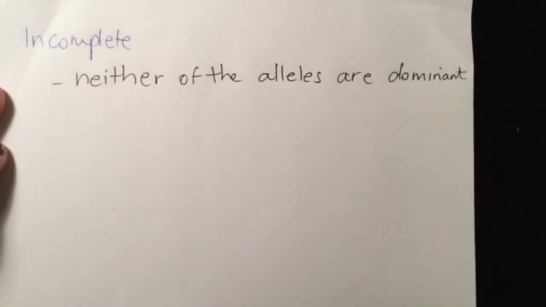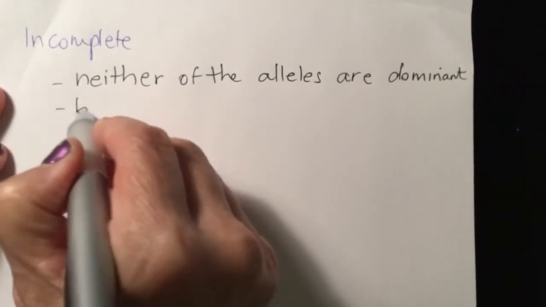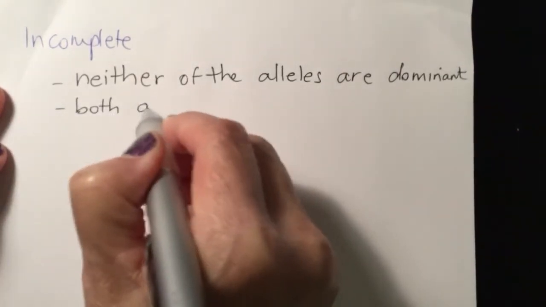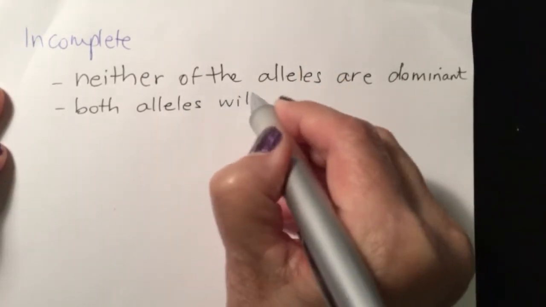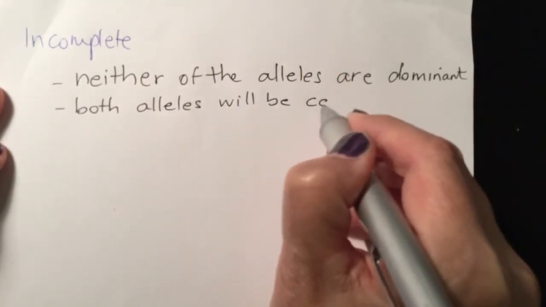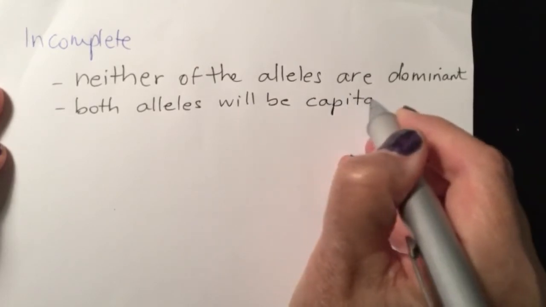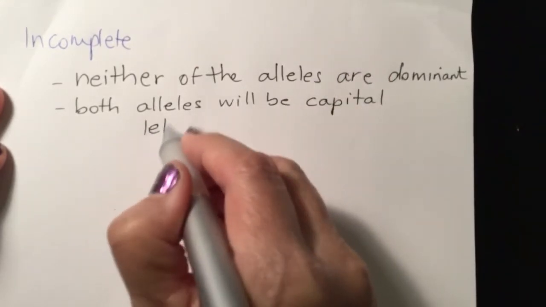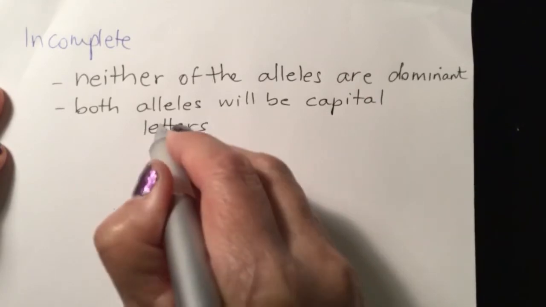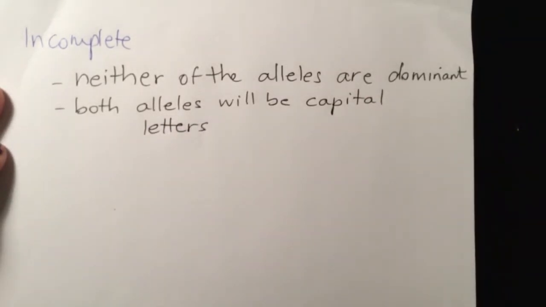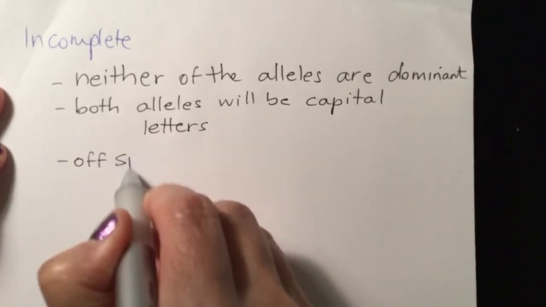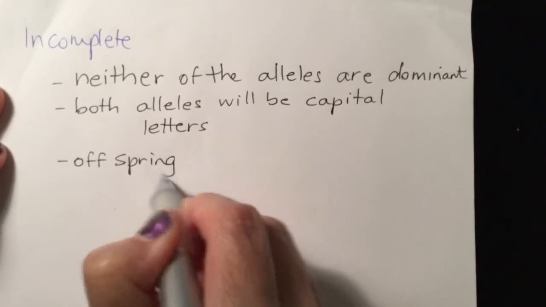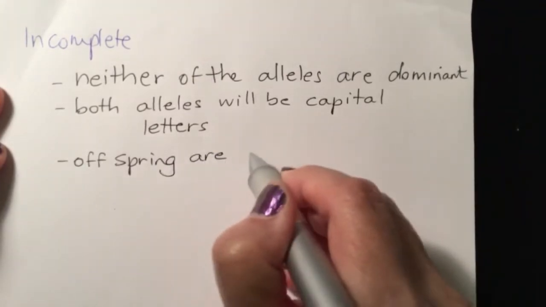So this is going to be a little rough today, but I want you to write this down. Neither of the alleles are dominant. Both alleles will be capital letters, and the offspring are a blend.